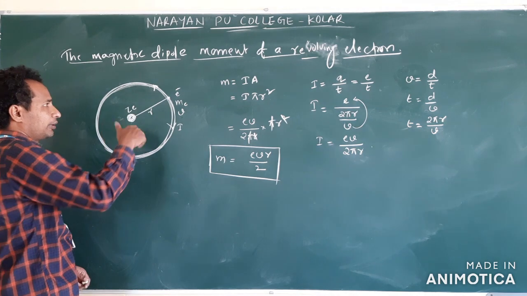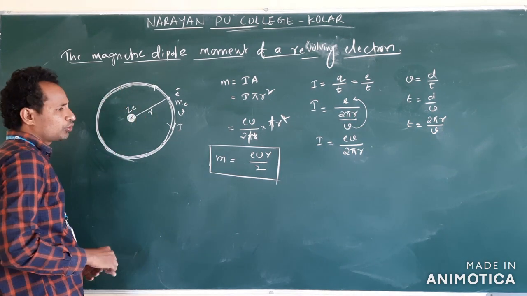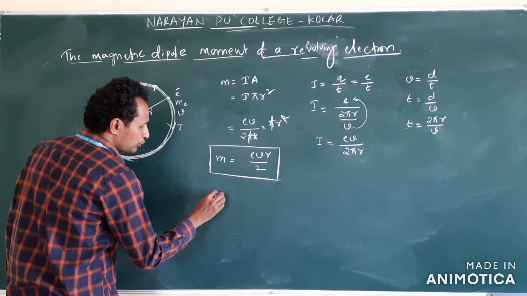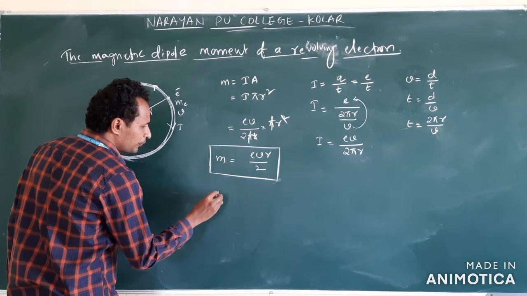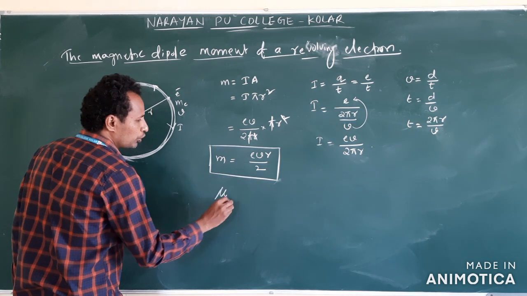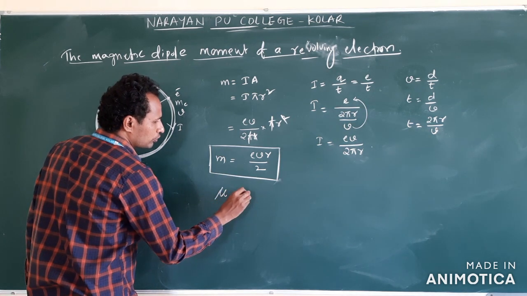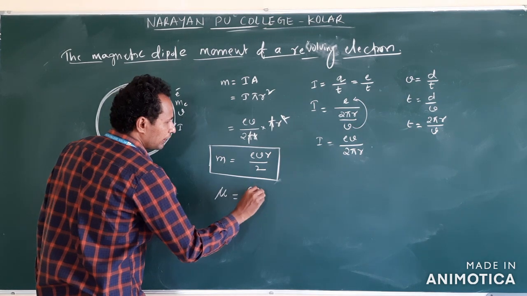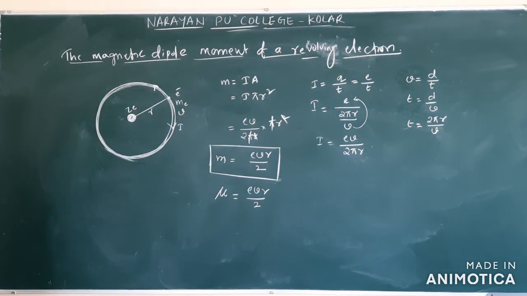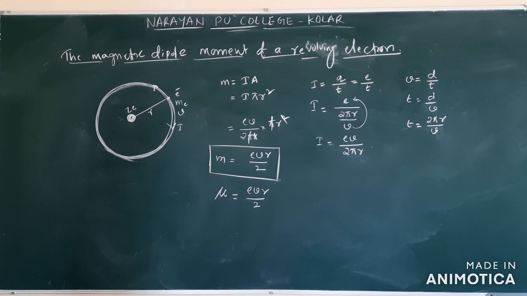We use mu instead of M for electron orbiting particles. Mu is equal to EVR by 2. Clear? This is the magnetic moment of the electron.